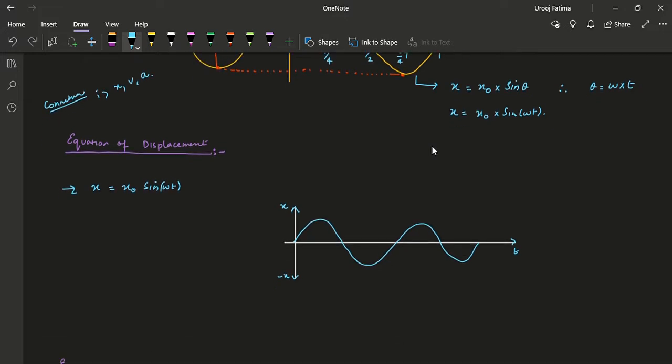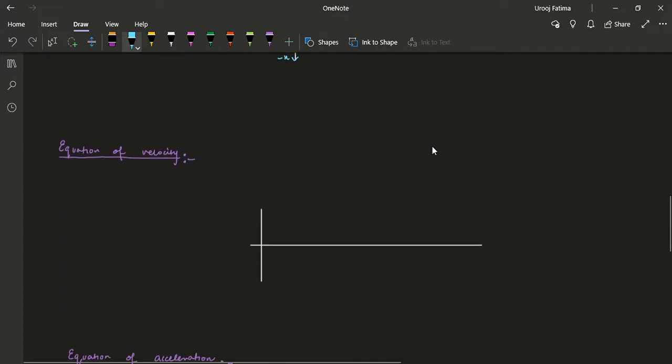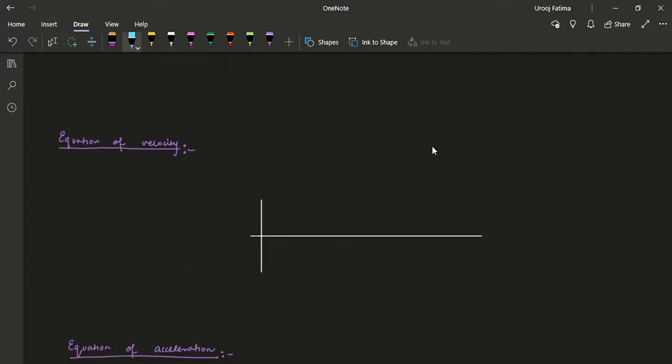If you're a math student, you might realize that whenever we need to find velocity, let's just move towards the velocity. Velocity is given by change in displacement upon change in time, right?